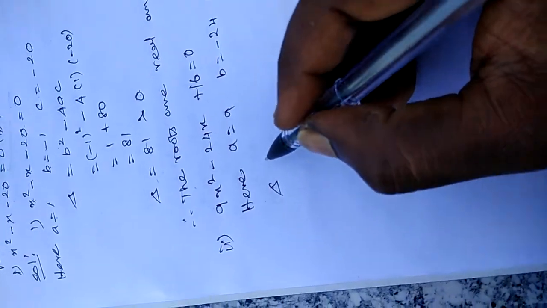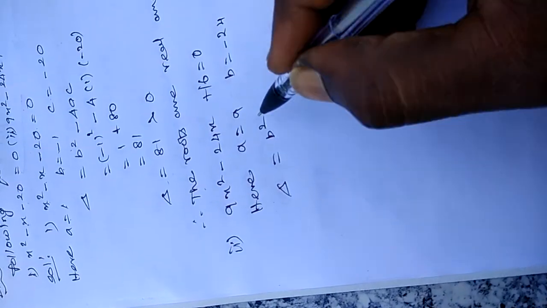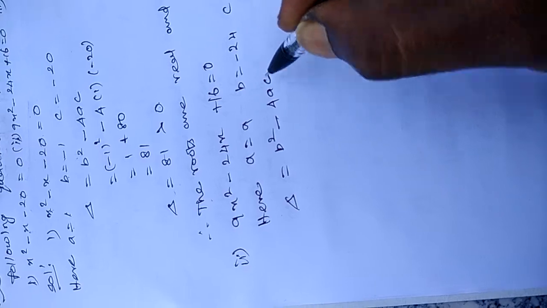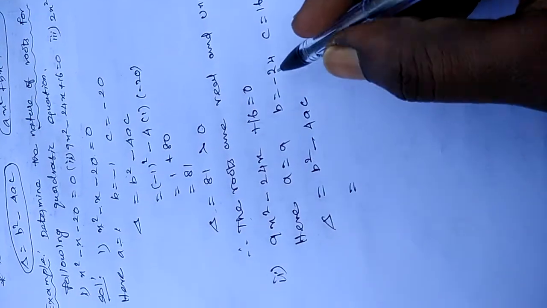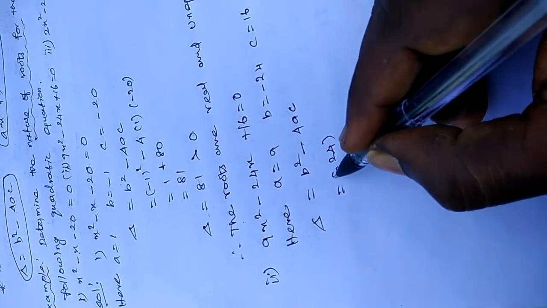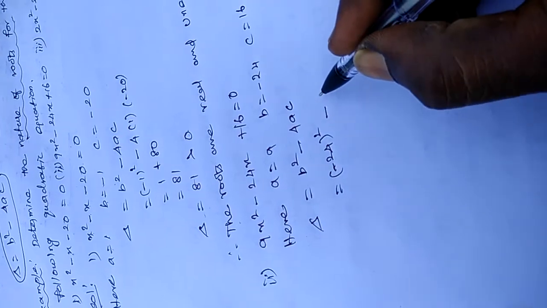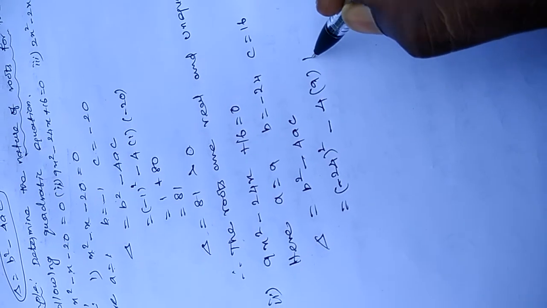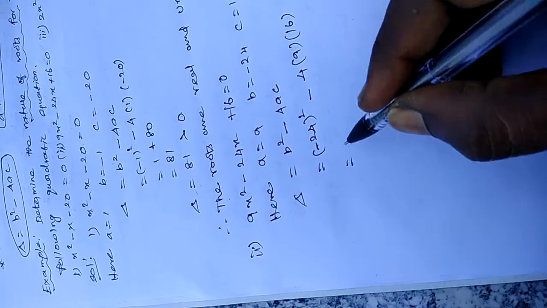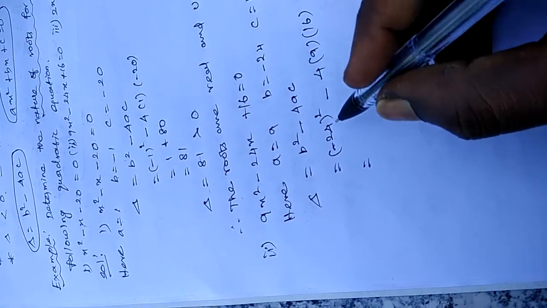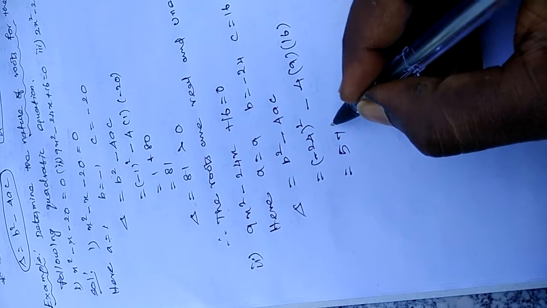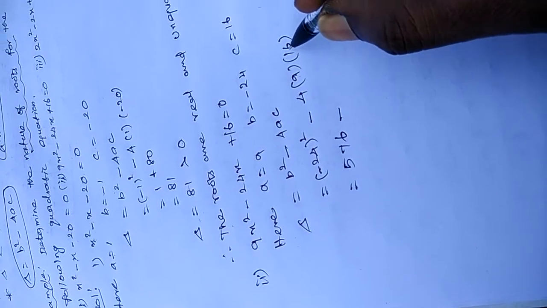Delta is equal to b squared minus 4ac, so minus 24 the whole square minus 4 into 9 into 16. That is 576 minus 4 nines are 36, 36 into 16 is 576.